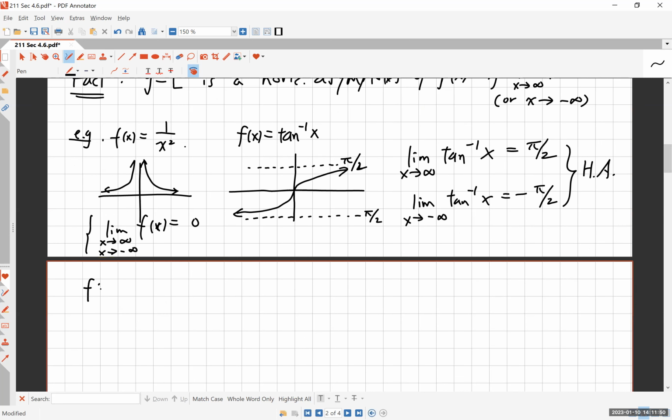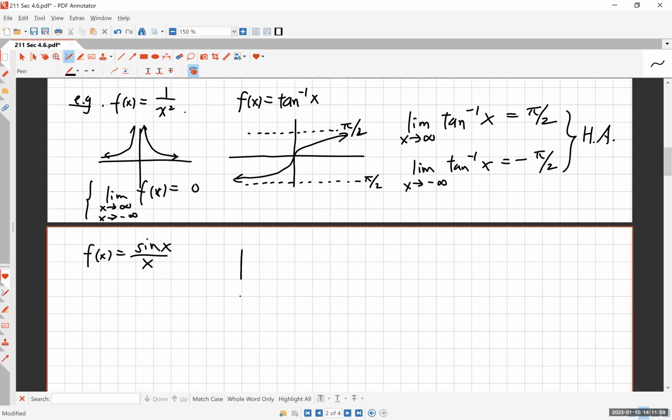All right, how about something strange like this, sine of x over x? Okay, so this requires some thinking. Notice here, the absolute value of sine of x over x is always less than or equal to 1 over x, simply because sine of x can never be greater than 1. It's also never going to be less than negative 1. So it's between those.